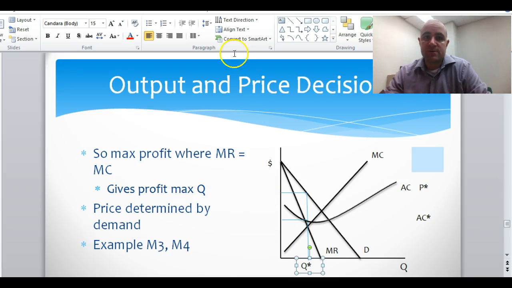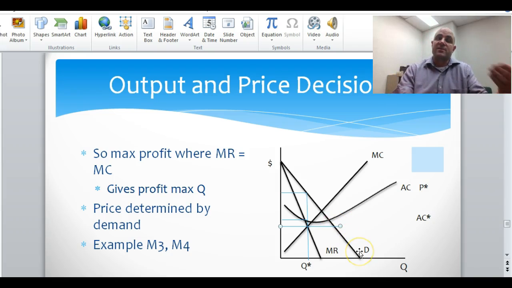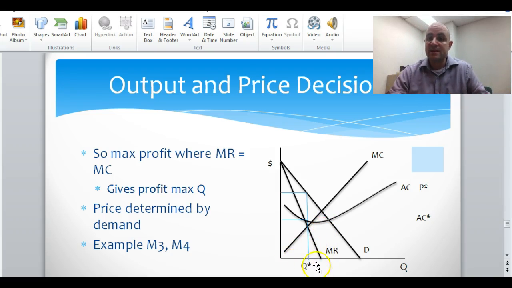So let's say, for example, that they did decide to set the price here, where the marginal revenue equals marginal cost. Well, at that point, based on the demand, the amount that people will demand at that price is going to be over here, straight down. So what the firms want to do is set a price to where people demand Q-star units, because that's how many they want to sell.